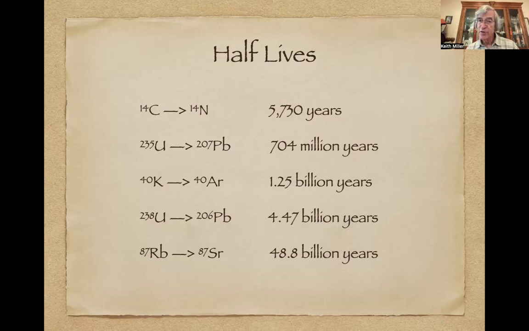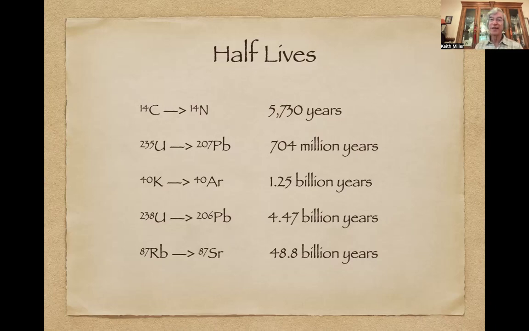Uranium lead has a half-life of 704 million years. Potassium argon, 1.25 billion years. Another uranium, that's U-238 to lead-206, has a half-life of almost 4.5 billion years. And rubidium strontium has a half-life of over 48 billion years.